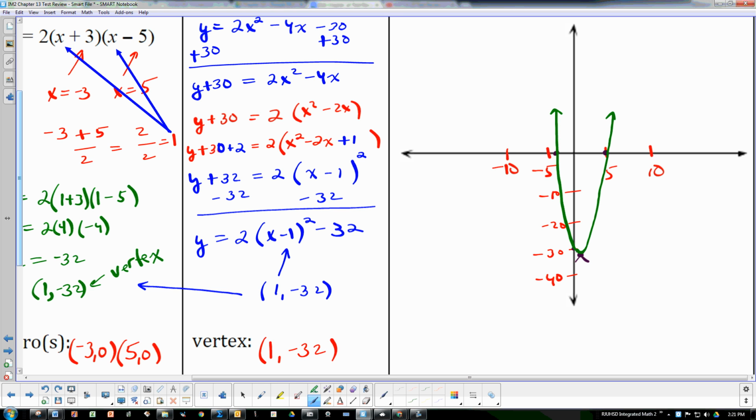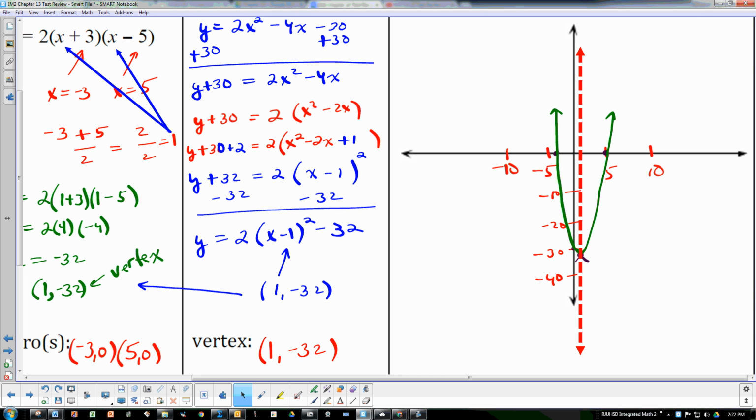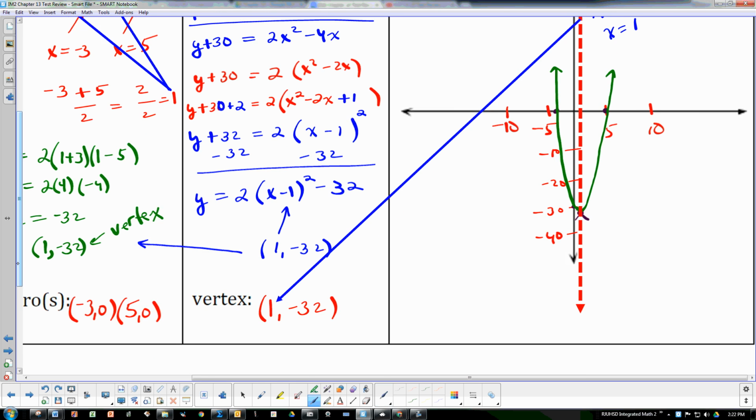Now we need an axis of symmetry, so we use a broken line to do that. So about right there. And your axis of symmetry really just comes from here. Here's your axis of symmetry, it's 1. So x equals 1. Okay, we move forward.